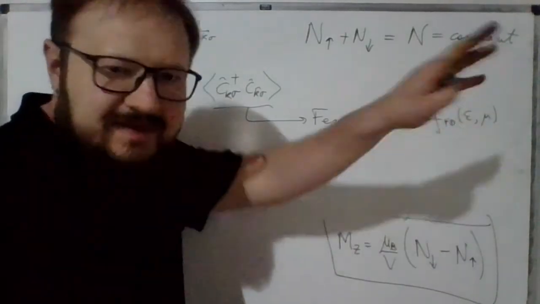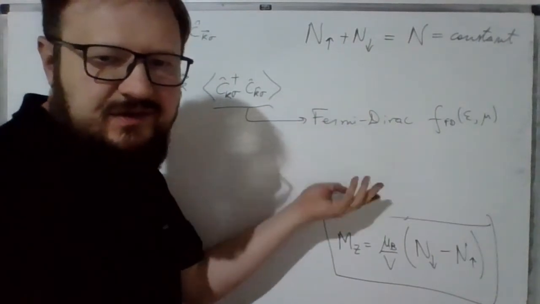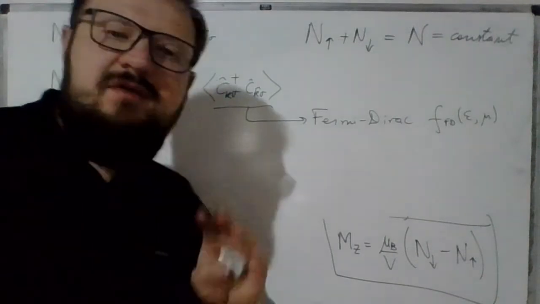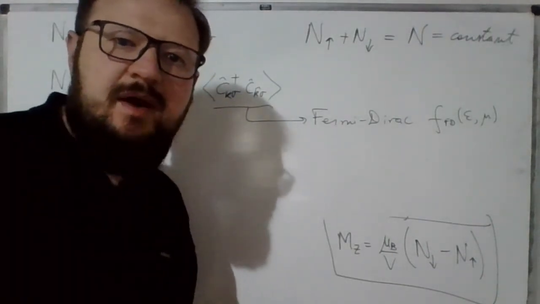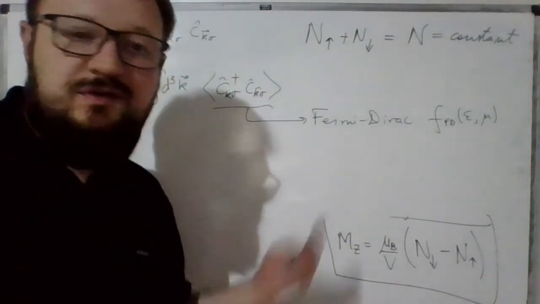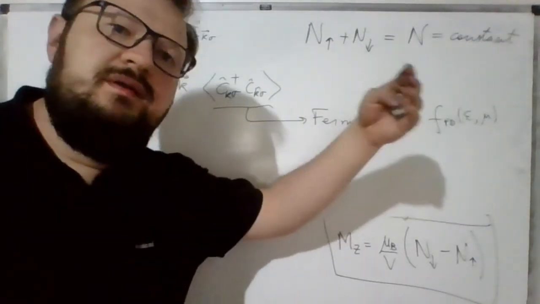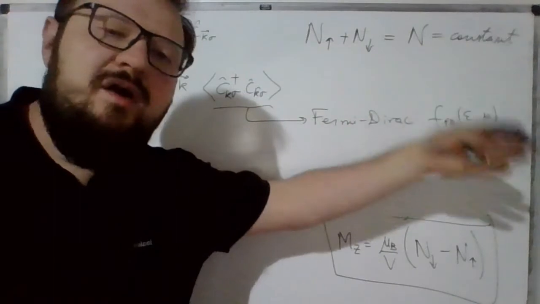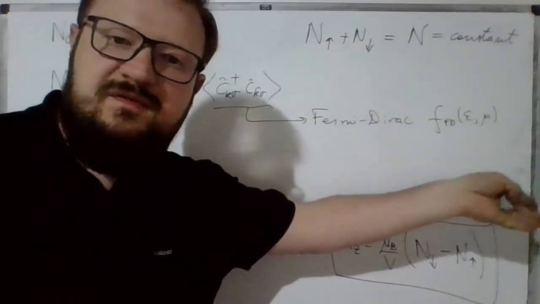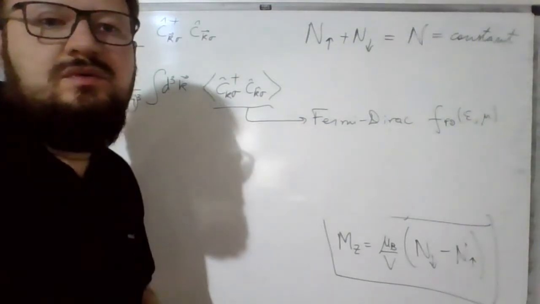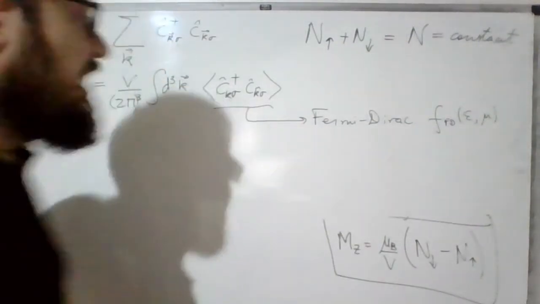For very high temperatures, things can change, but for the sake of simplicity, it is a very good approximation for Pauli paramagnetism. As you can see, the next leading order will be in terms of the square of the temperature using the Sommerfeld expansion. I will let you do that as an exercise if you want.